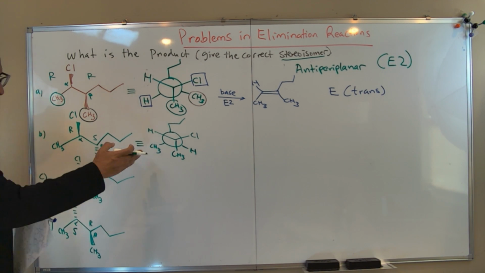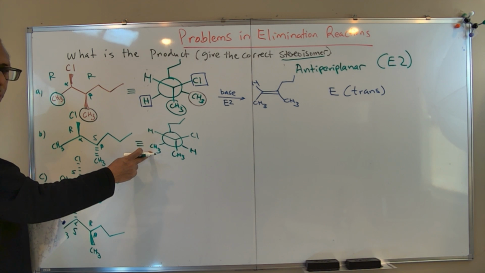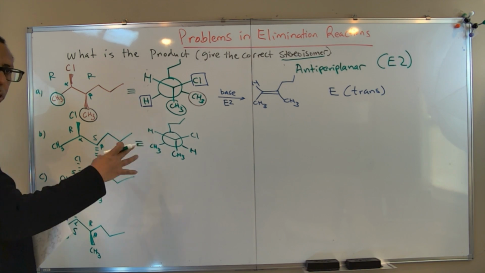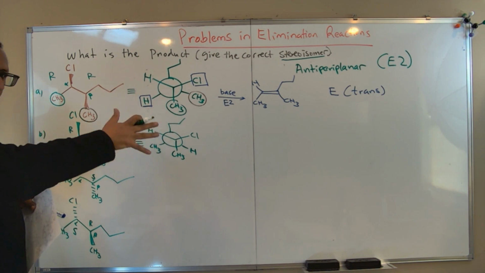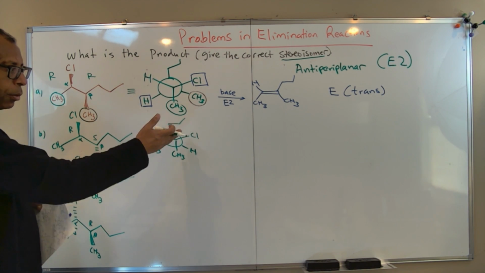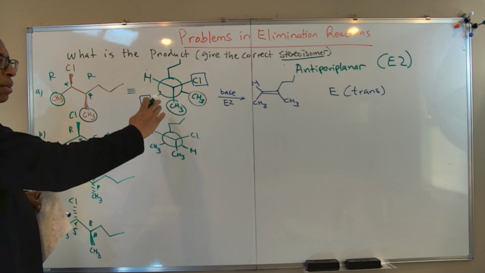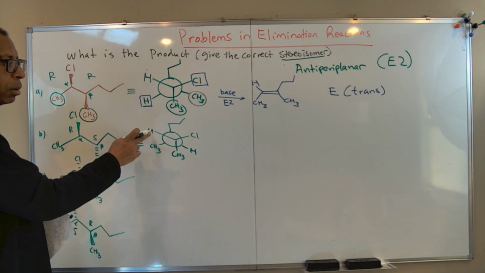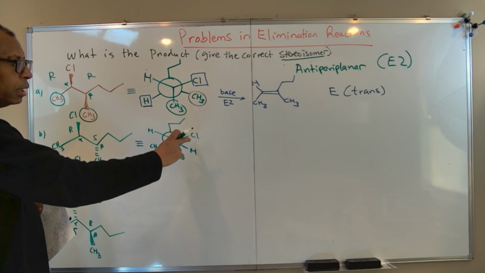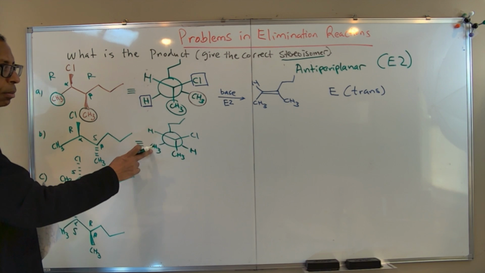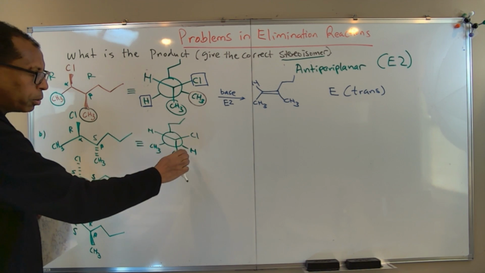So now if you just look at this chlorine and you don't find hydrogen here, what you're going to do is rotate the back so that they would align, either rotate the chlorine back to up, or rotate the hydrogen to come to like this here, anti-periplanar. So I will rotate this.